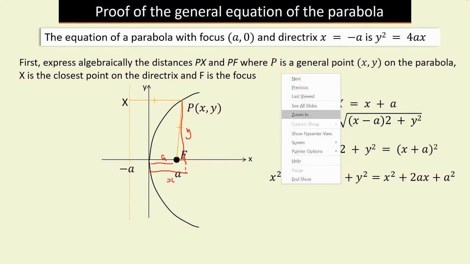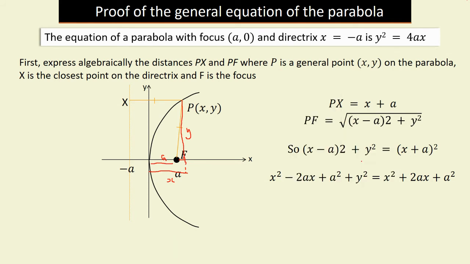Now, hopefully, you're a little bit ahead of me at this point, and you're spotting what I'm going to do next. We have got terms that are on both sides, so let's cancel them. The x squared appears there, and it appears there. Let's get rid of them from both sides. The a squared is on both sides, so take them away from both sides. And we're now left with something that reads a little bit easier, aren't we?